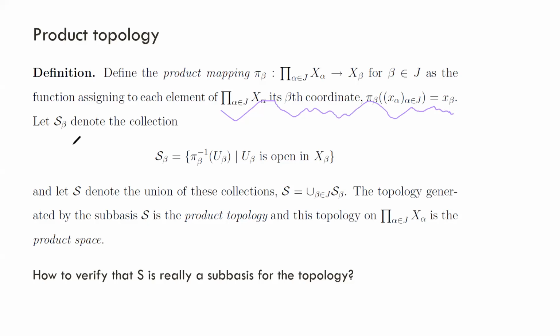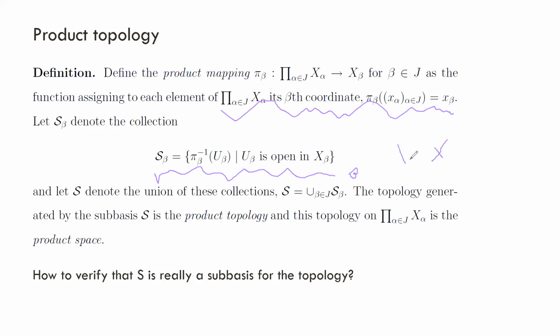S beta is denoted as a collection of such sets, where U beta is open in X beta, and for any other index, the set is X itself.